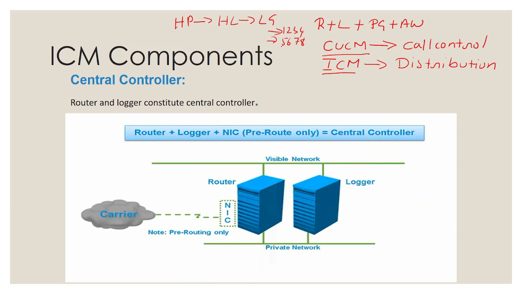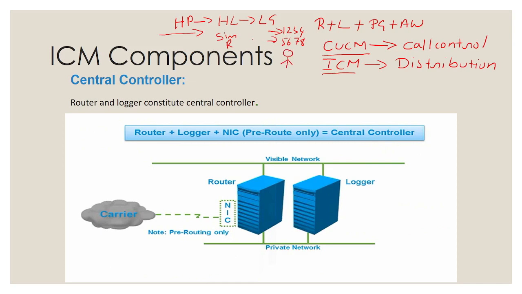When a call comes to the hunt pilot number, it routes the call to the agents by using a distribution algorithm. It can be simultaneous, or round robin, or some other logic, and depending on that, it will route the call. But it just routes the call without knowing if the agent is available to take it or not.